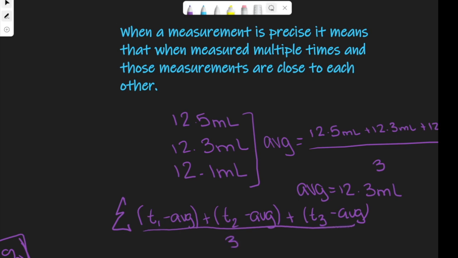This is going to give me what's called my average deviation. And the smaller this number is, the more precise my values are, or the closer together they are. So let's go ahead and plug this in and solve.